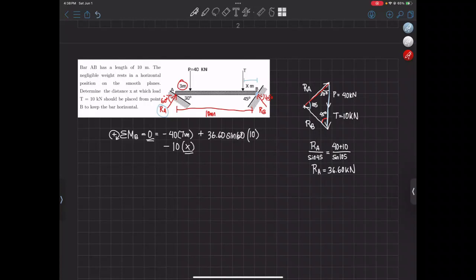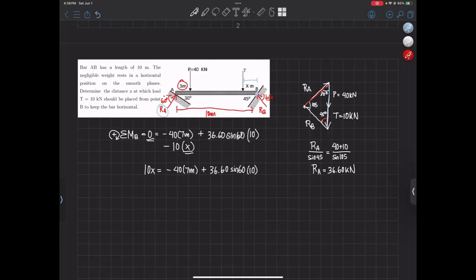So if we move this one to the other side, it's going to look like this. 10x is equal to negative 40 times 7 plus 36.60 sine 60. All right.